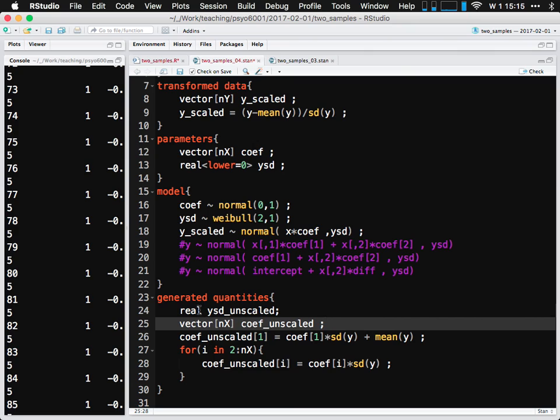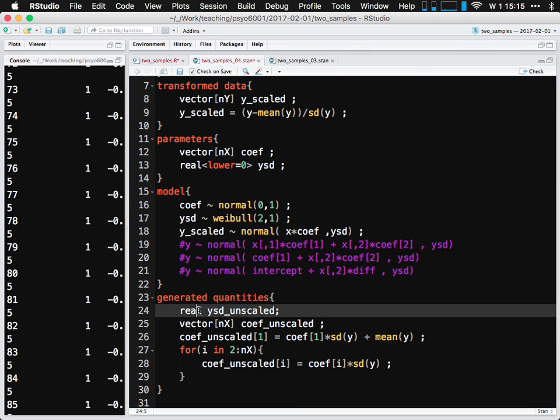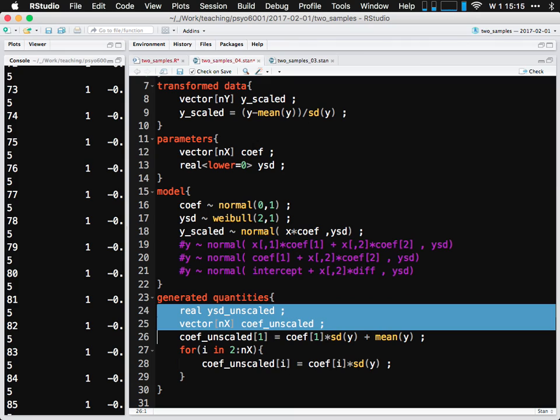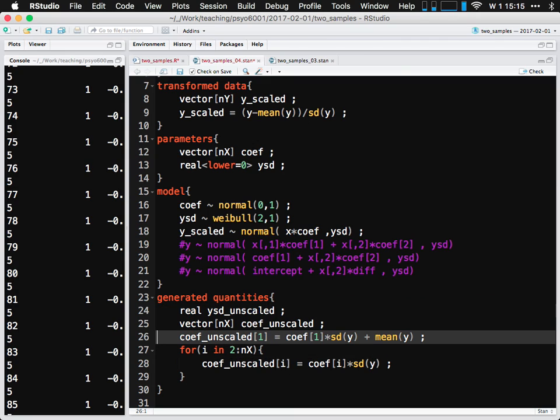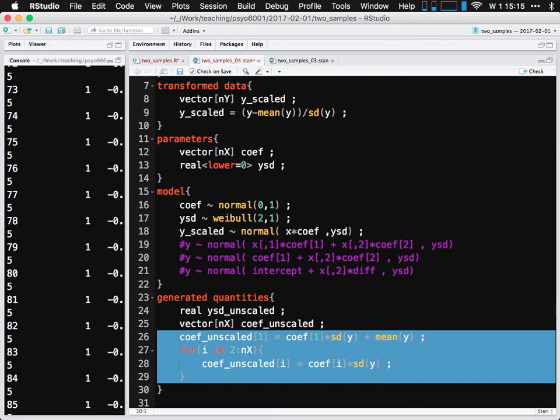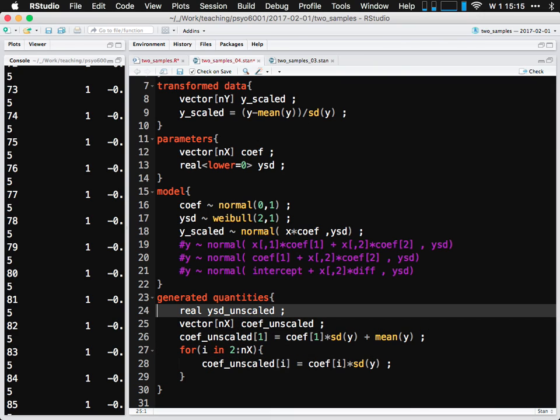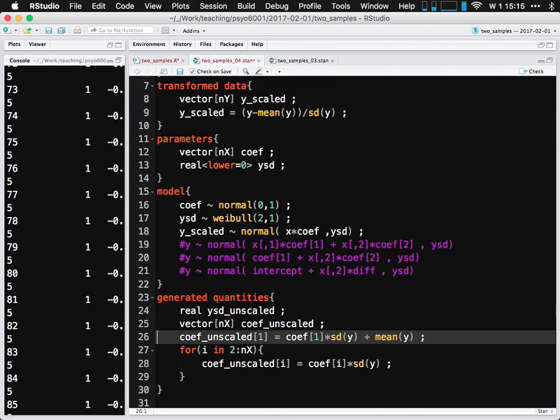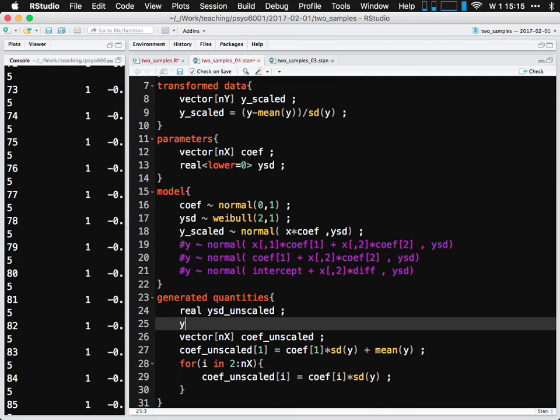One thing that I haven't needed to mention yet is that it's actually, I think, going to change in the next version of Stan. Here I'm defining two things, and then I'm going to express what they should be computationally. You have to put the definitions before the computations, so I can't talk about ysd unscaled equals blah, blah, blah.